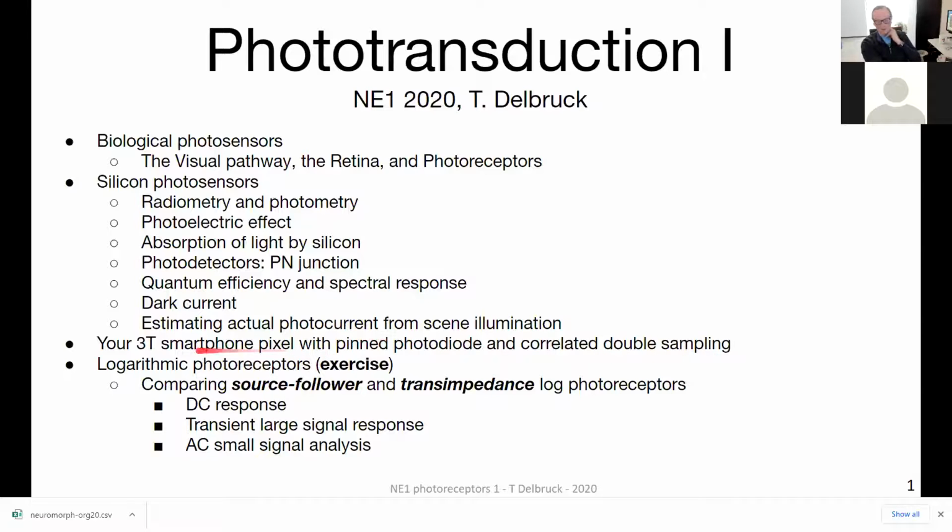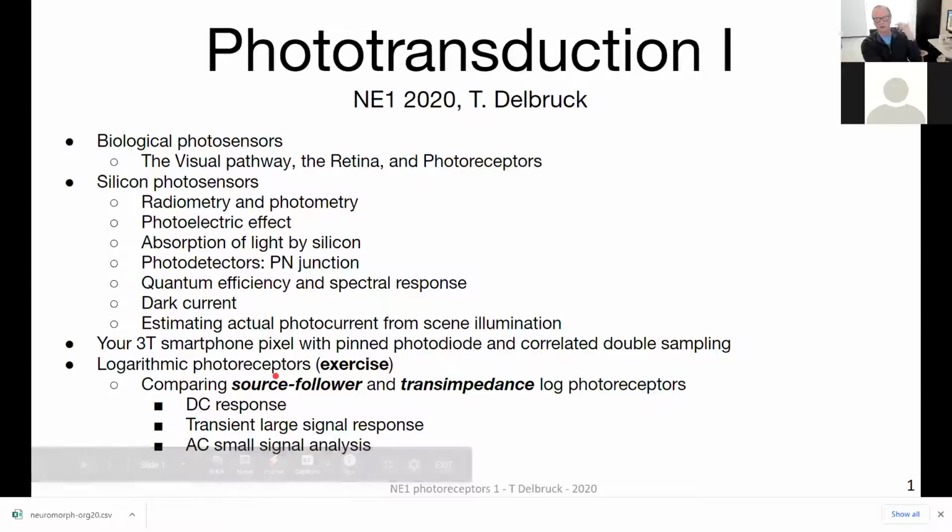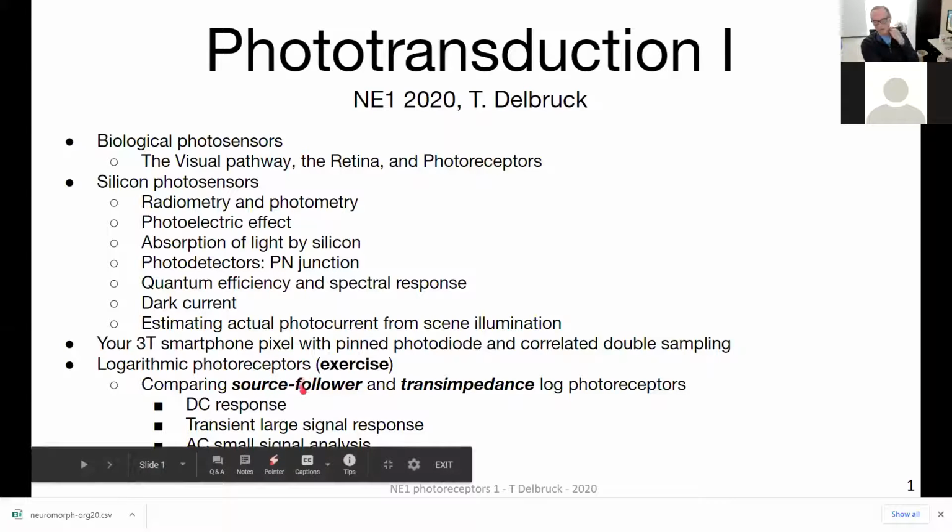And finally, the exercise will be about logarithmic photoreceptors, which is the front end of many of the neuromorphic chips, including the DVS dynamic vision sensor event camera. In the exercise, you'll study two different circuits, a source follower, which is kind of a passive logarithmic photoreceptor, and a transimpedance feedback arrangement for this logarithmic photoreceptor.